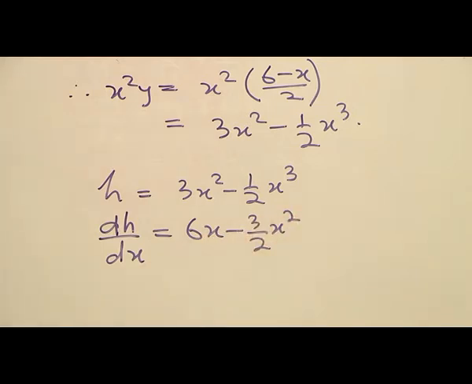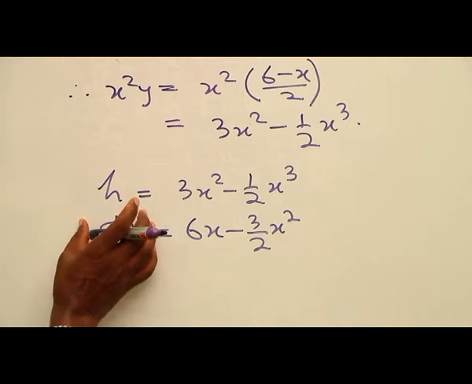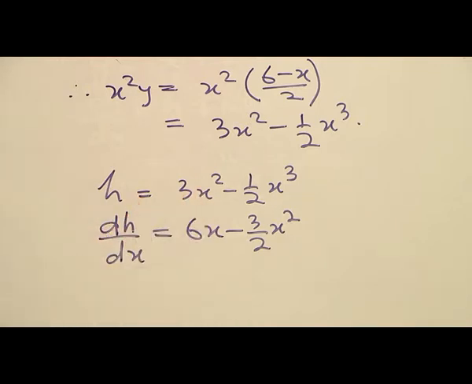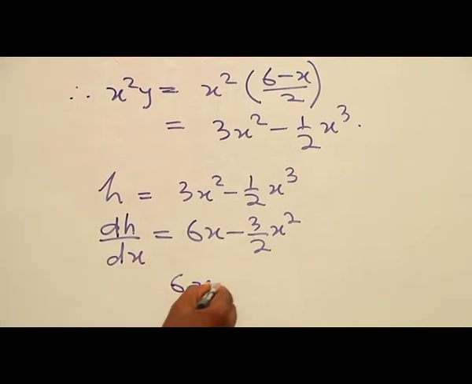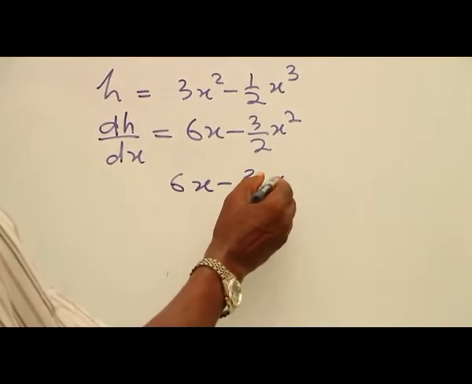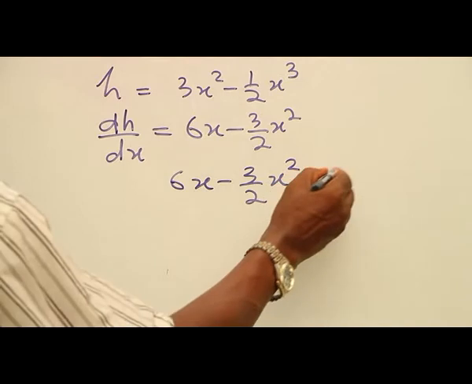This is the dh over dx of the function h equal to 3x squared minus half x cubed. Remember, we are looking for the greatest value, so we first need the greatest point. So we equate this to 0.